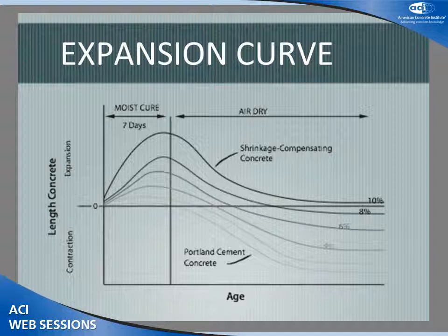The next lower dosage curve represents full shrinkage compensation of a lightly reinforced member, such as a slab on grade with temperature reinforcing. Conversely, the lowest curve represents concrete with no shrinkage-compensating dosage, or conventional concrete. We can interpolate between the full shrinkage-compensating curves and the conventional concrete curve and develop a set of limited shrinkage curves.